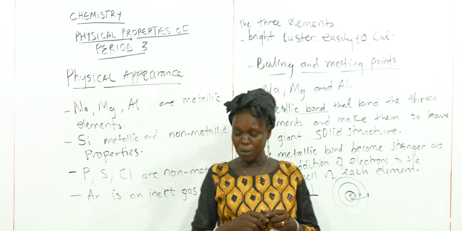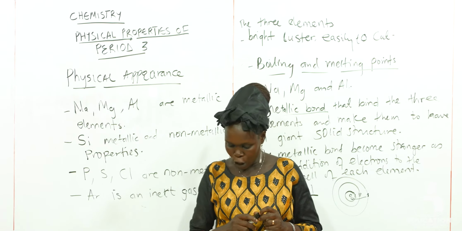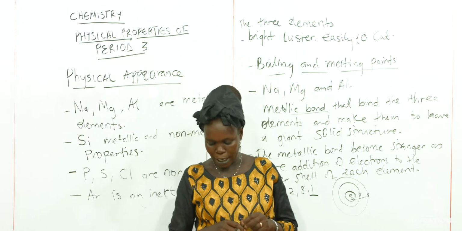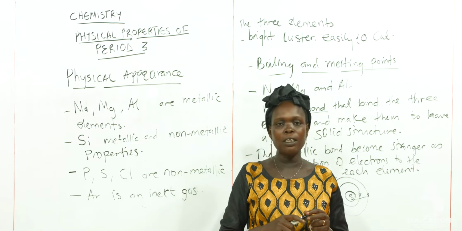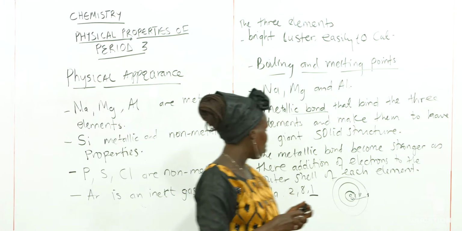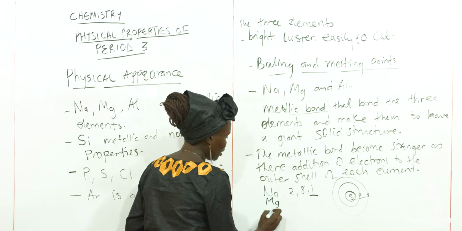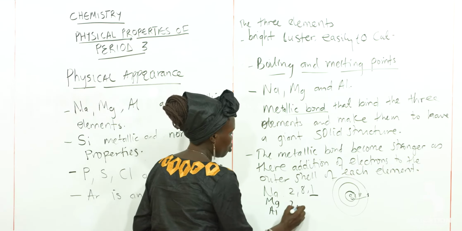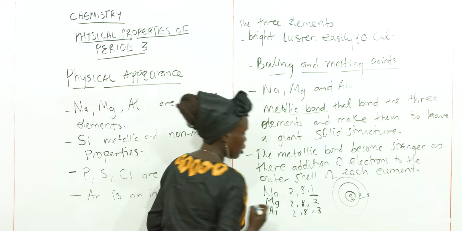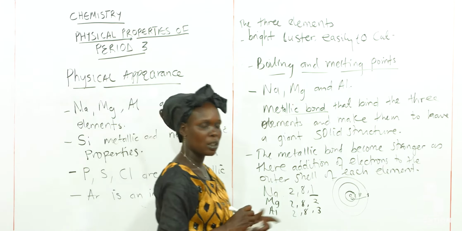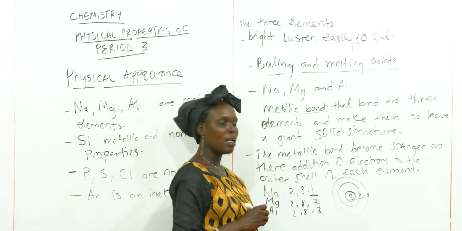So this explains why sodium with 1 valence electron has a lower boiling and melting point, while aluminium with 3 valence electrons has a much higher boiling and melting point. So as we move from sodium to magnesium and then aluminium, we see their outermost shell electrons, which is 1 for sodium, 2 for magnesium, and 3 for aluminium.